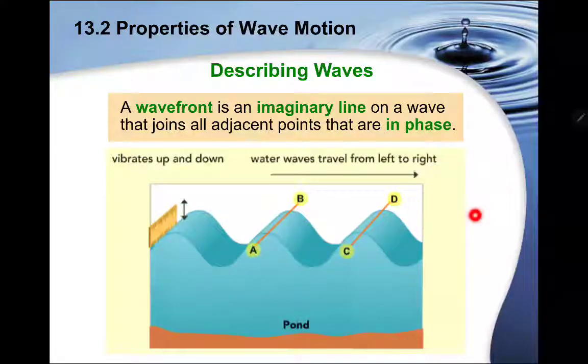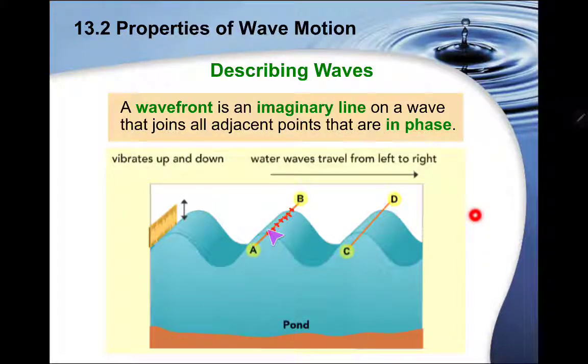Again, we take a photo of this, and then it's a 3D diagram. So this is a point in time that's paused. So lines AB and lines CD are examples of a wavefront. Why? Can you see that all of these points are in phase, are they not?